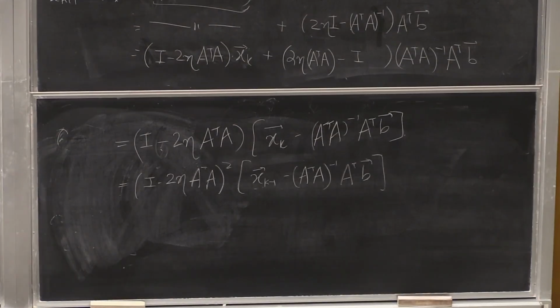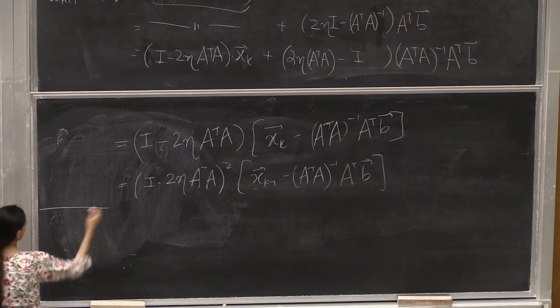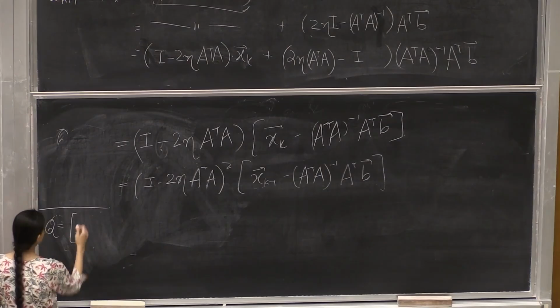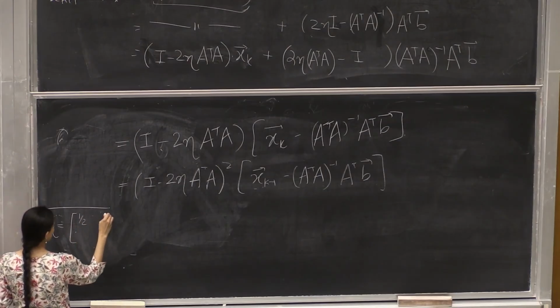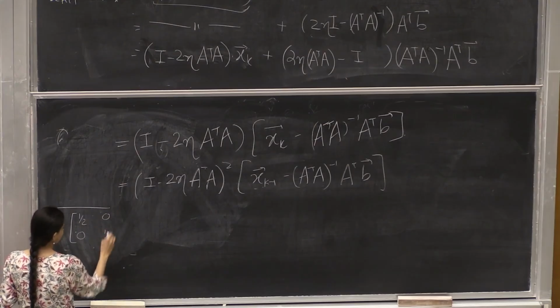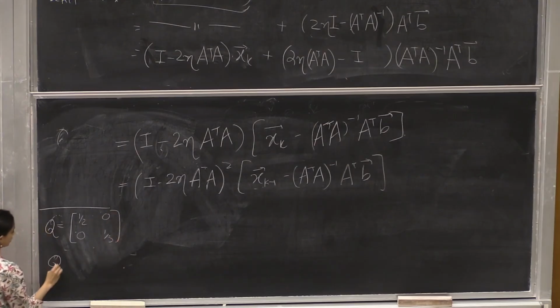Okay, so if I have a matrix Q, let's say Q is equal to 1/2, 0, 0, 1/3. What is Q to the k as k goes to infinity?